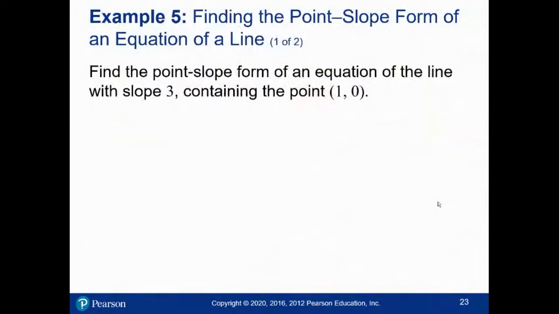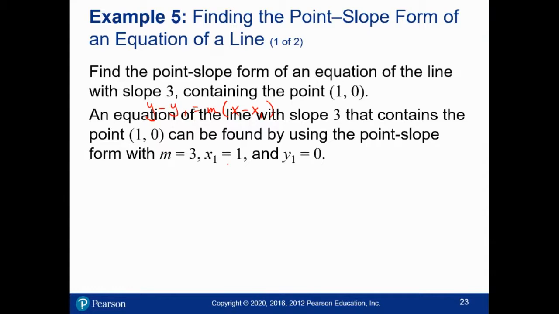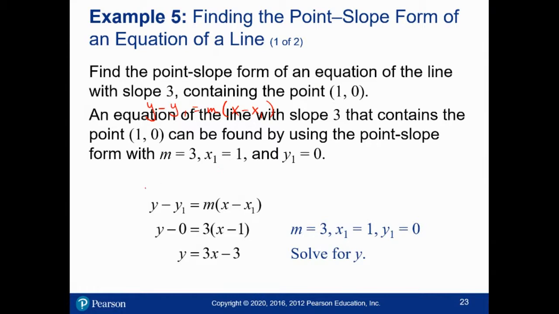Okay, so here's an example. Find the point-slope form of an equation of the line. Slope is 3 and it goes through the point (1, 0). So remember, I'm just going to copy it. The point-slope form was y minus y1 equals m times (x minus x1). Sorry about that. I just take that and put it in here.